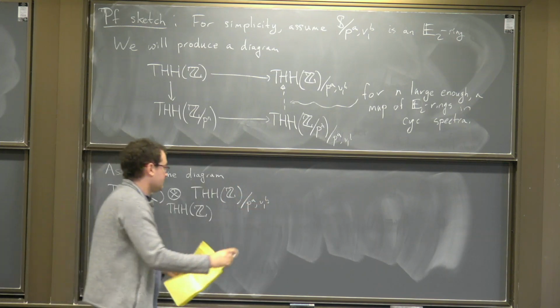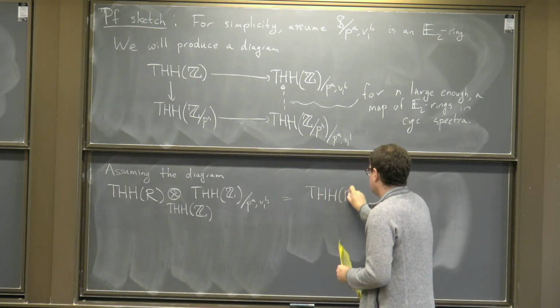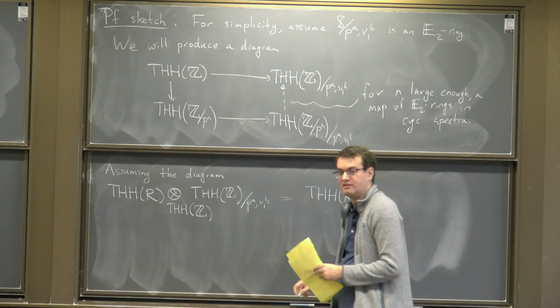And that, of course, will just be THH of R mod p^a v_1^b.